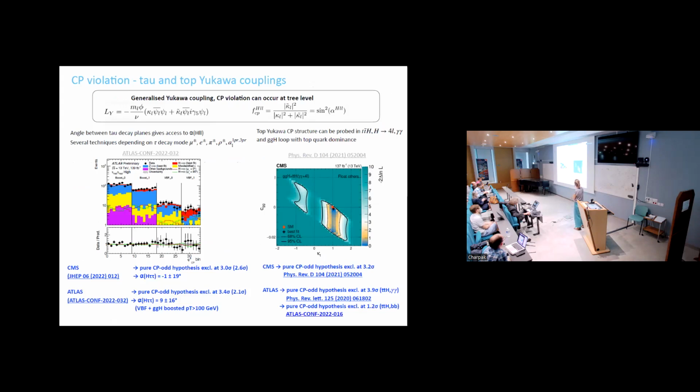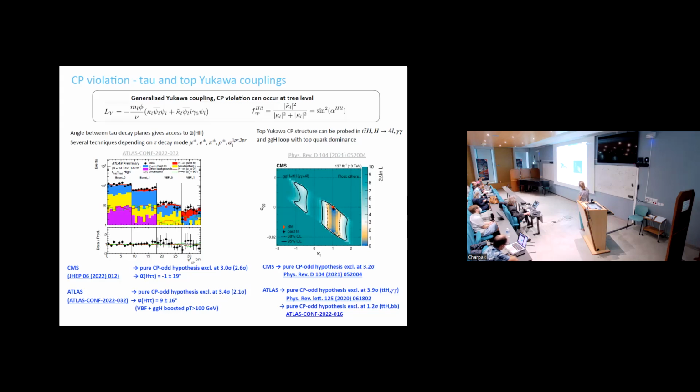We have a similar exclusion done by ATLAS, which has just been released. The main difference between the two analyses is basically the categorization of the Higgs signal in VH and boosted categories, which we don't have in CMS.